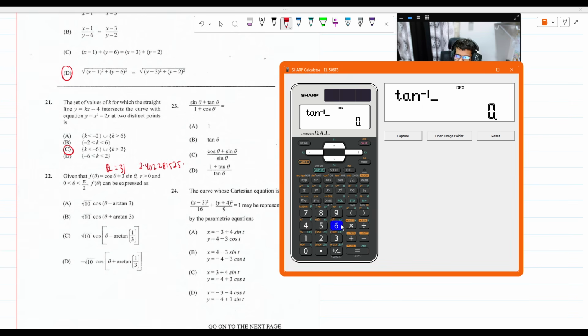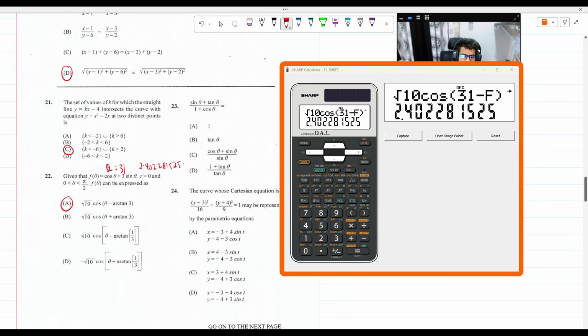So I'm going to do arctan 3 and save that in F. So we're going to have root 10 into root 10 cosine of theta 31, take away arctan 3, 2.402281. So the answer is A.